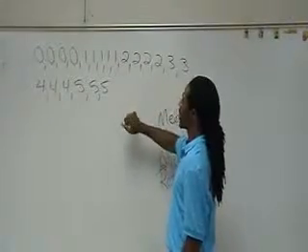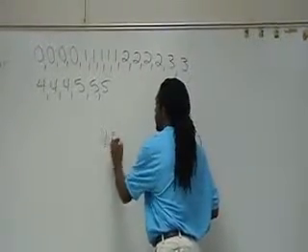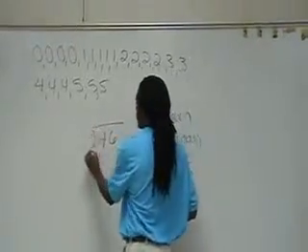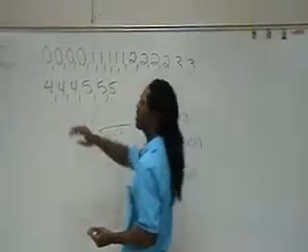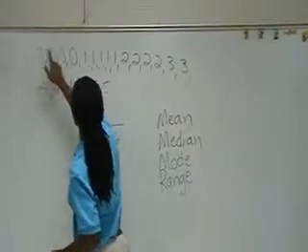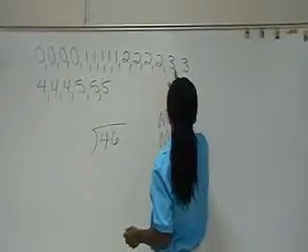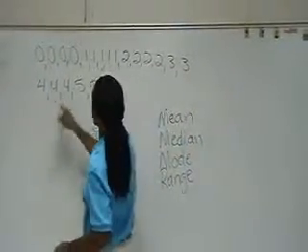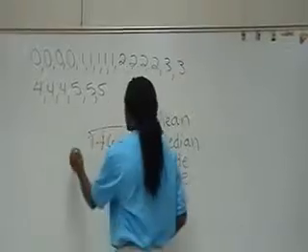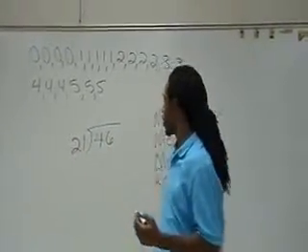So that was our data. We stopped at 46. And we divide that by how many numbers we have, how many data we have. 1, 2, 3, 4, 5, 6, 7, 8, 9, 10, 11, 12, 13, 14, 15, 16, 17, 18, 19, 20, 21. So it's 46 divided by 21.